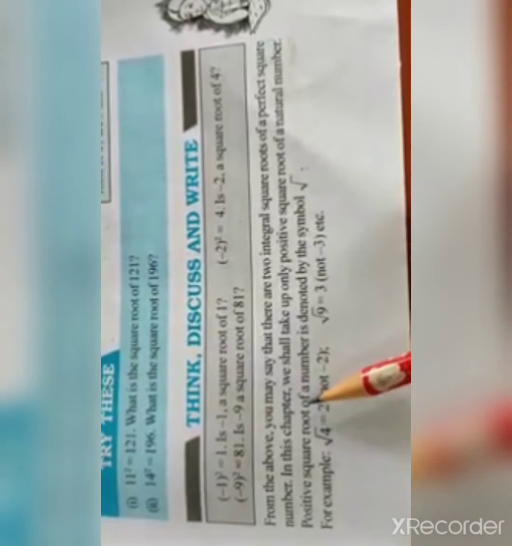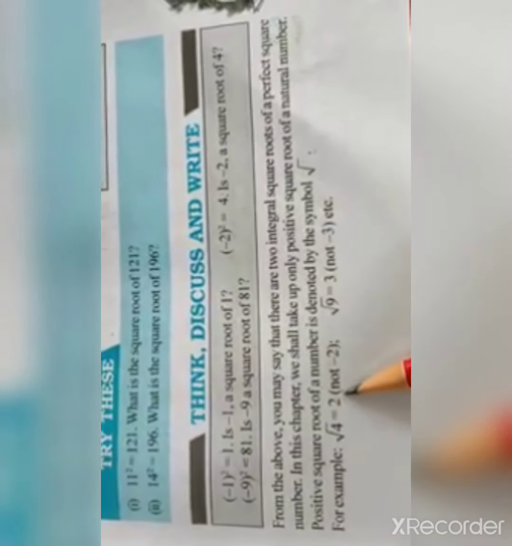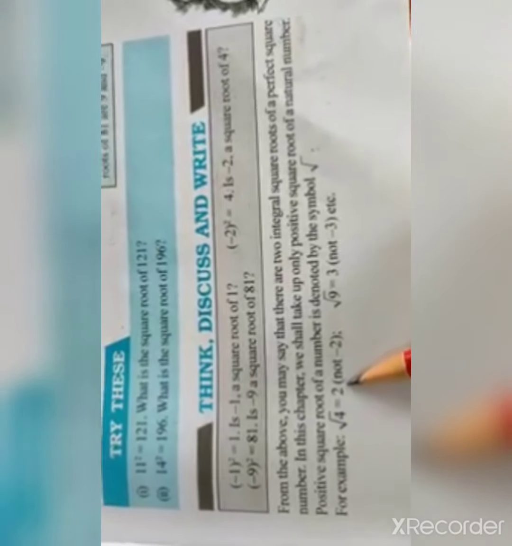The positive square root of a number is denoted by the symbol, root of a number. So positive square root. Therefore, when we are finding the square root of 4, we always talk about positive 2, with the addition sign.